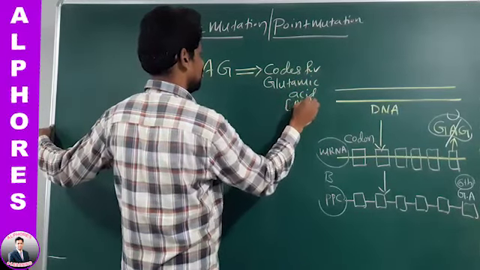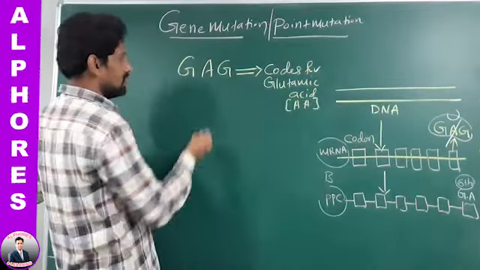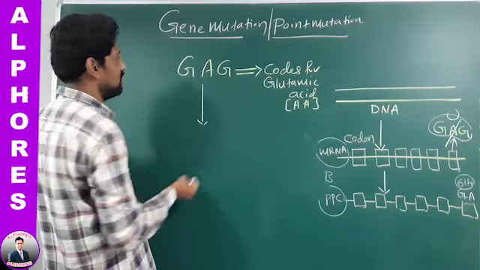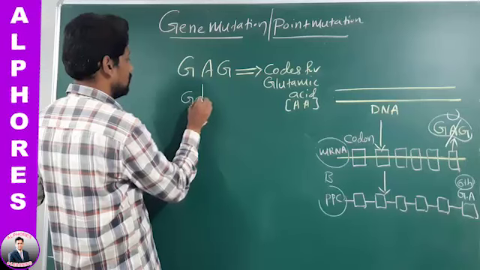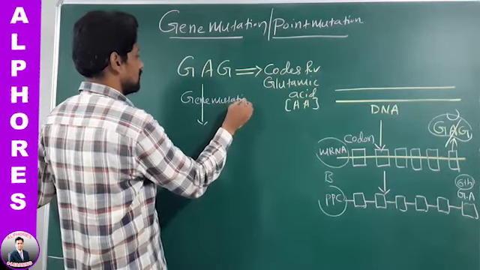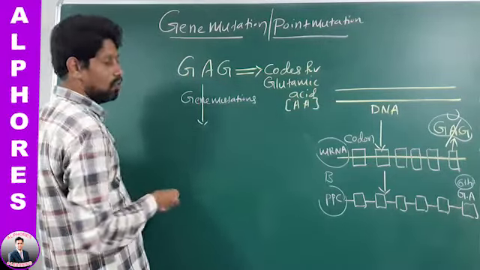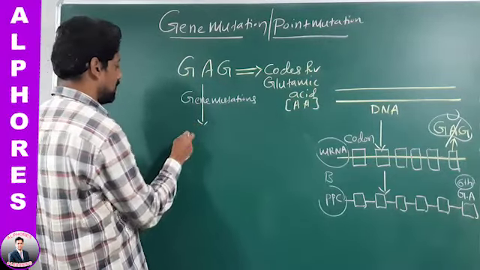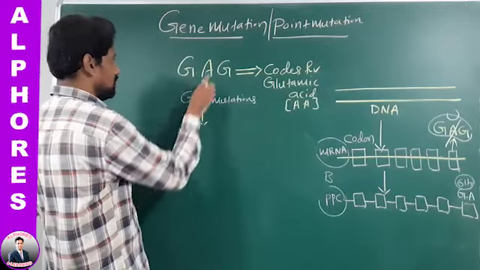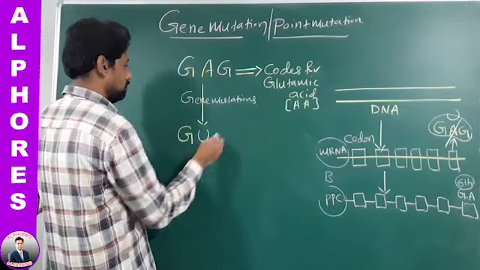Due to gene mutations or point mutations, what happened? A change in one nitrogen base. A replaced by U.